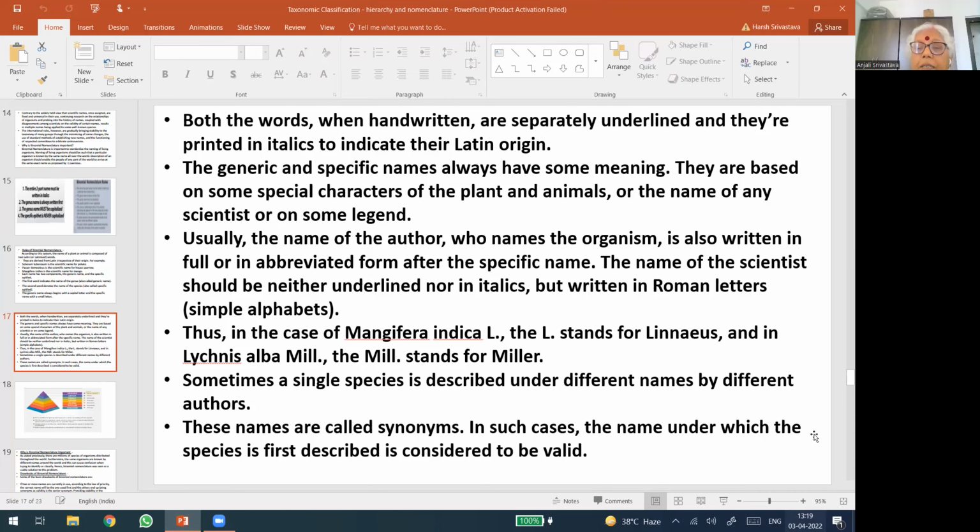In such cases, the name under which the species is first described is considered to be valid. So these rules are also there to follow in binomial nomenclature.